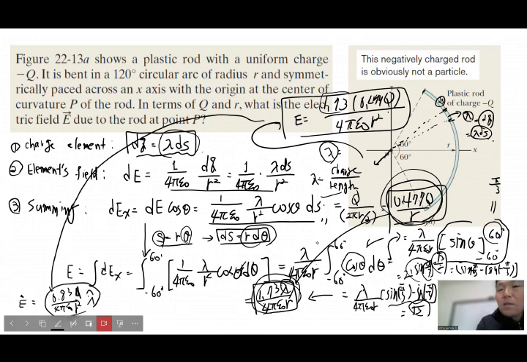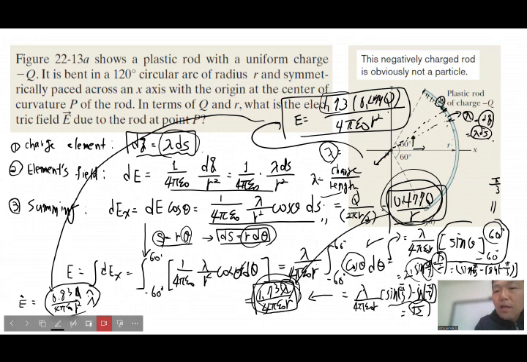Just like the previous problem, the symmetric line charge sits on the x-axis, and the electric fields from individual line elements create two vector components along the x-axis and y-axis.